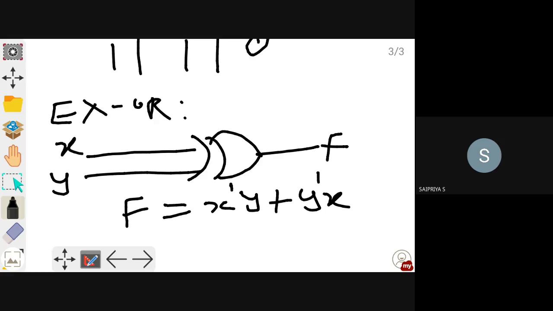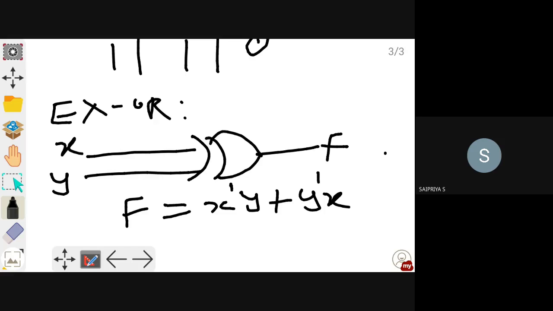One variable should be 0 and another variable should be 1. Then only you will get the output of 1. For the rest, if both the variables are 0, or if both the variables are 1, that is, both the variables are the same, you get the 0 value.